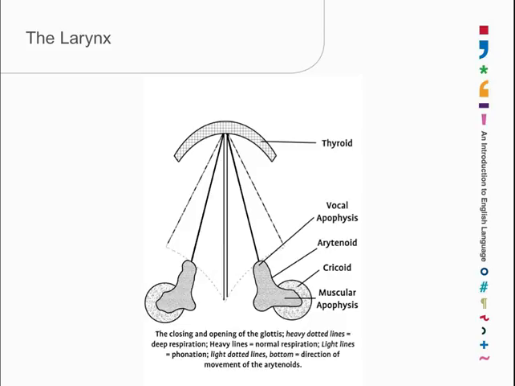When the muscles pull in one direction, the two flaps open so that there's more room for air to go in. And if you look at the heavy dotted lines, which are at the extreme of the travel that these little cartilages can do, then when they open you get more space between these flaps of tissue, and more air can get in between.